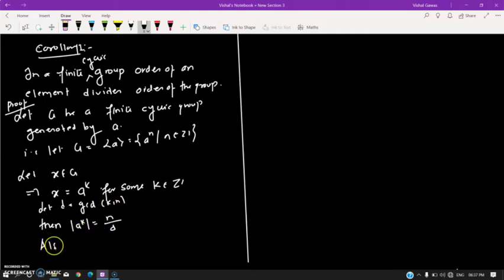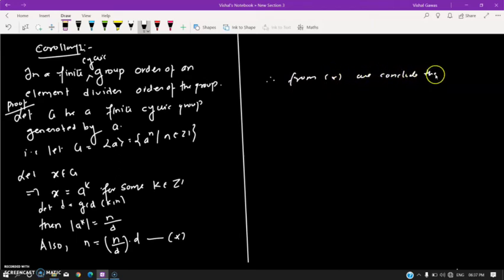Also, n can be written as n over d times d. Let me name this as star. Therefore, from star we conclude that n over d divides n.